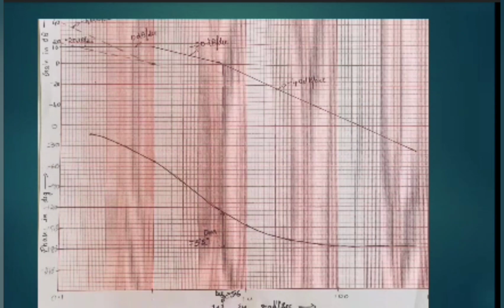Once the magnitude plot and phase plot are completed, we need to find out the values of WGC, WPC, PM and GM. So that is why we need to check both the plots crossing the axes. In the magnitude plot, we can see that at this particular point it crosses the 0 decibel line.